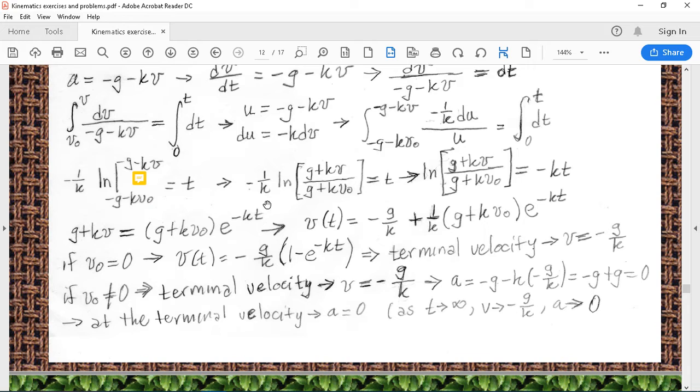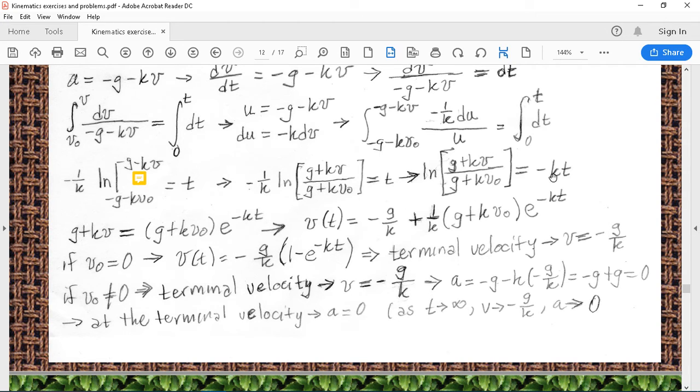So that leaves us with this expression here, minus 1 over k times the natural logarithm of g plus kv over g plus kv0. And that is equal to t.